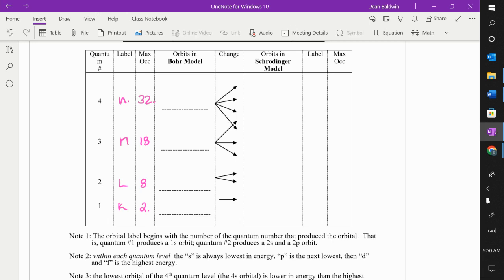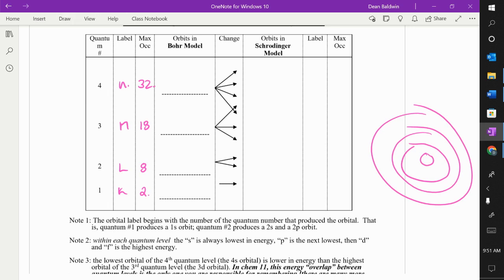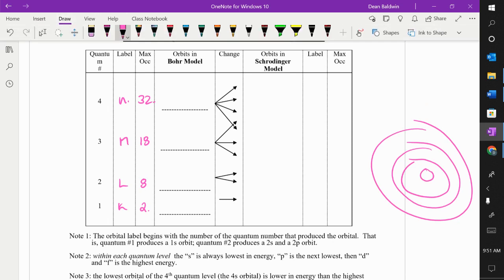So that's that model. You add more and more electrons. Schrodinger comes along and says, no, it's way more complicated than that. What he basically does is each orbital gets divided into suborbitals.